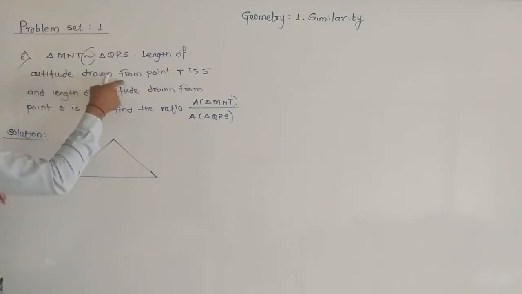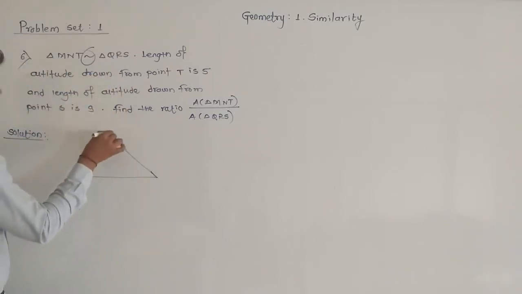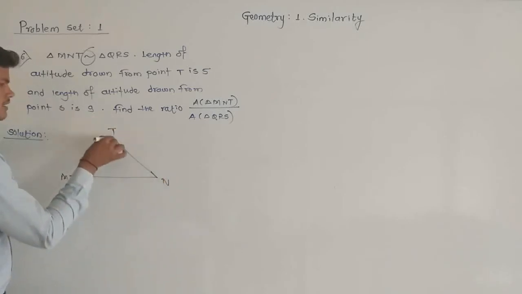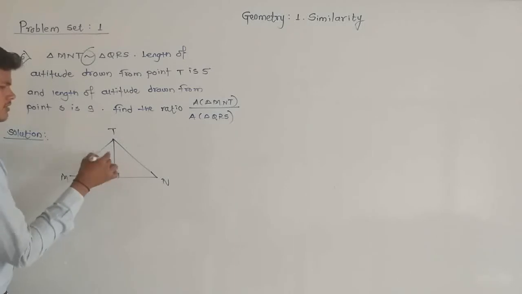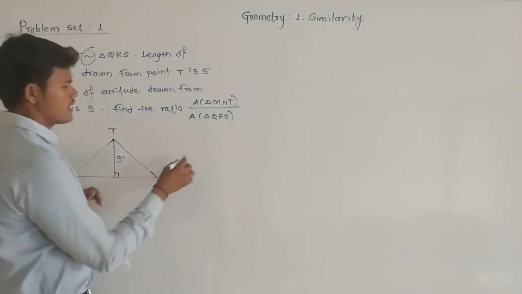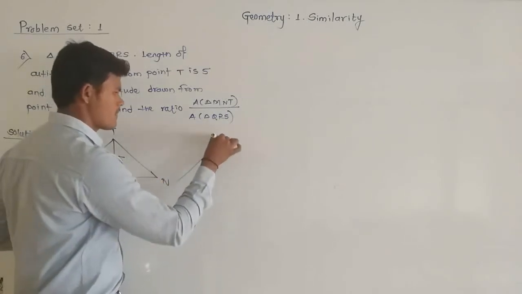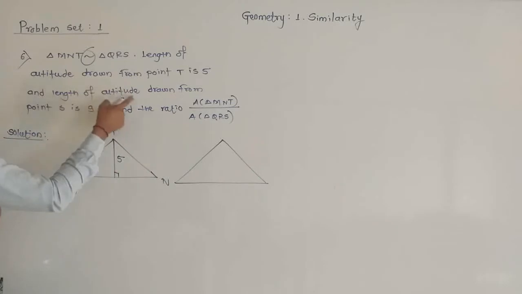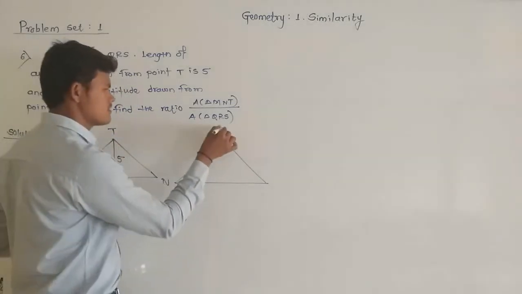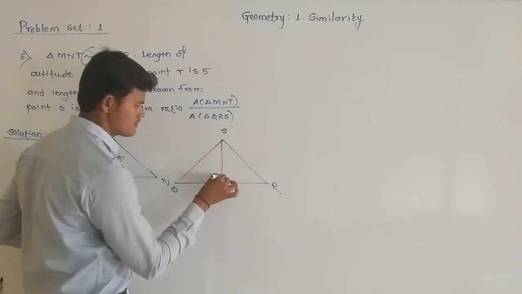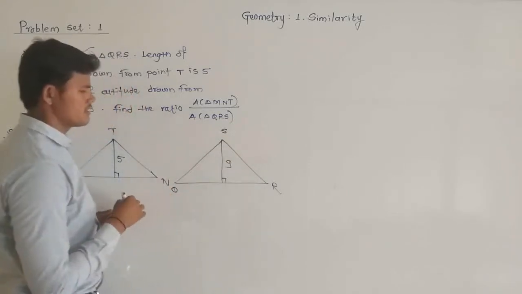The length of the altitude drawn from the vertex T of triangle MNT, this is Tx, is 5, and for triangle QRS, the length of the altitude drawn from point S, this is Sy, is 9.